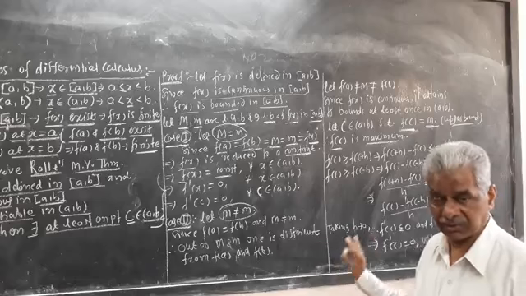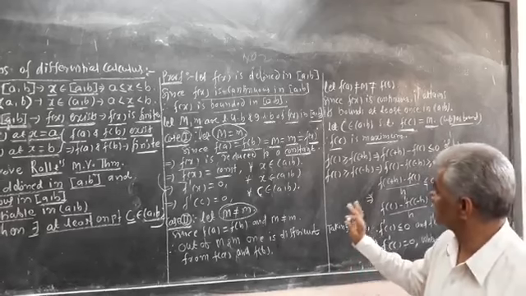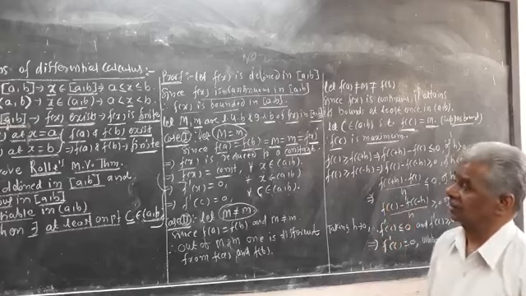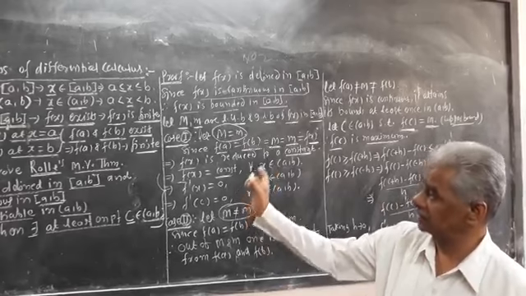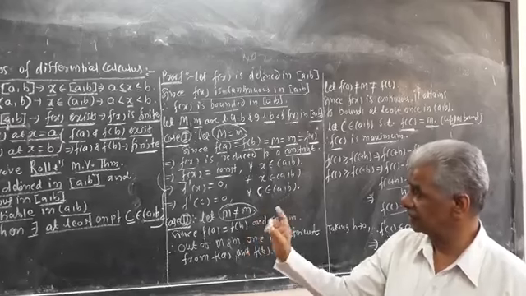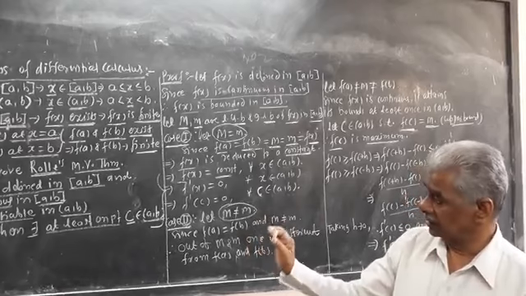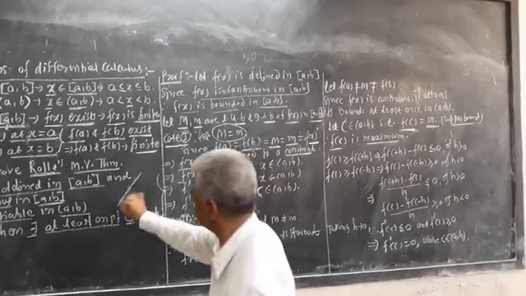You go through it and check what type of steps are involved in the proof, and hence you remember closed interval, open interval, function is defined. What is meant by f of a value exists means that it is finite, and in the mean value theorem always these three are there.